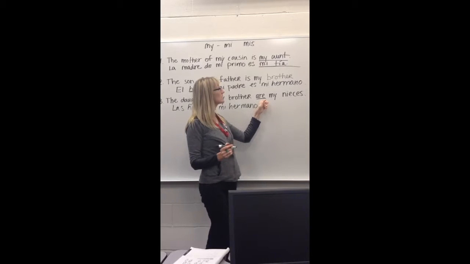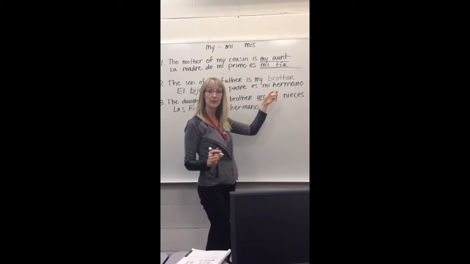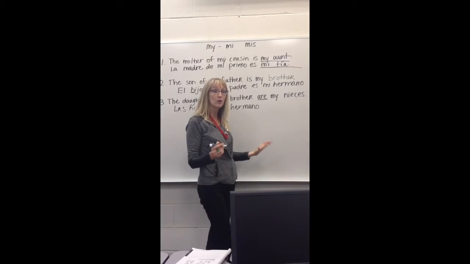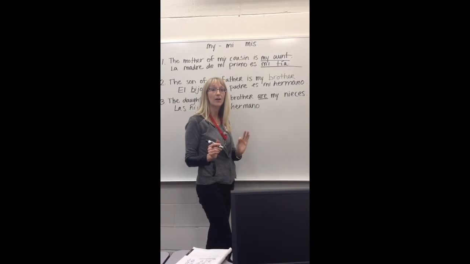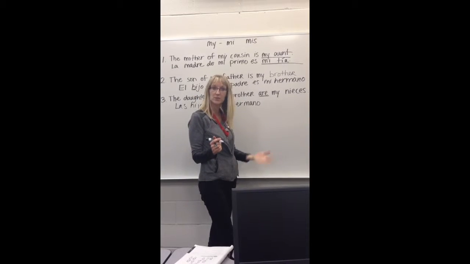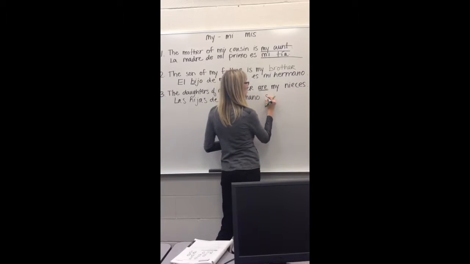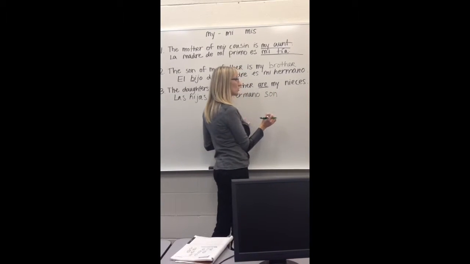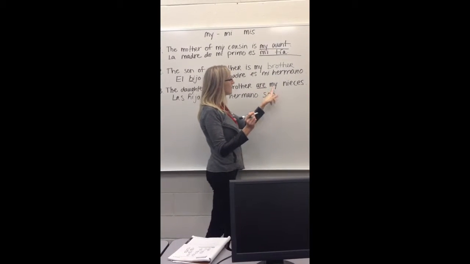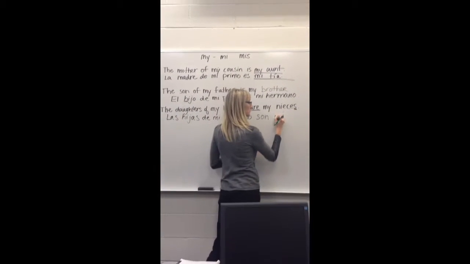So can we use es still, like we did es mi tía and es mi hermano? No. How do you say they are? You're identifying the person. So what verb do you use? Ser. And when we're talking about they are, it's going to be son. Now, if it's plural, can you use mi?